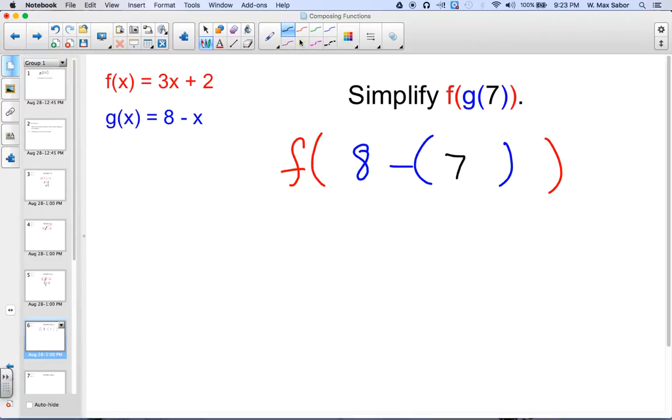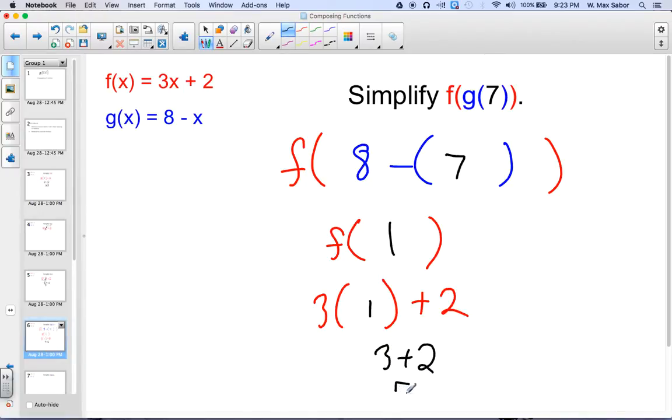Then what we can do here, which is why this is easier than the other way, is we simplify this. We get f of 1, and then we can do 3 blank plus 2. I'm going back to this definition every time. 1, so 3 plus 2 is 5. That's all well and good.